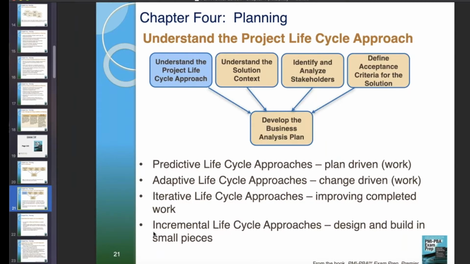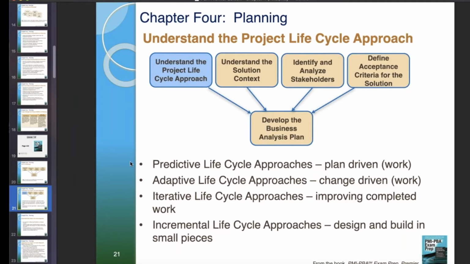Incremental. It's small pieces, small increments. If you're going to improve something that already exists, that's an iterative lifecycle. If the work is simply going to be changing a lot, that's adaptive. If the work needs to be planned out well in advance, that's predictive lifecycle. You have to be able to choose out of these four.